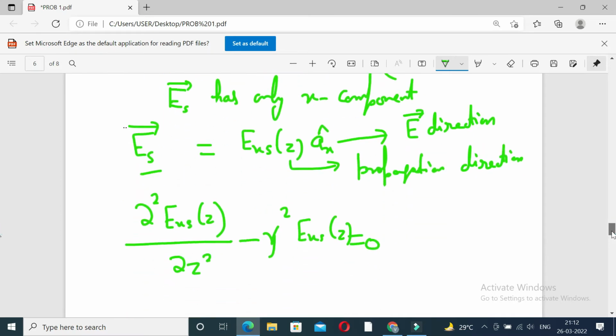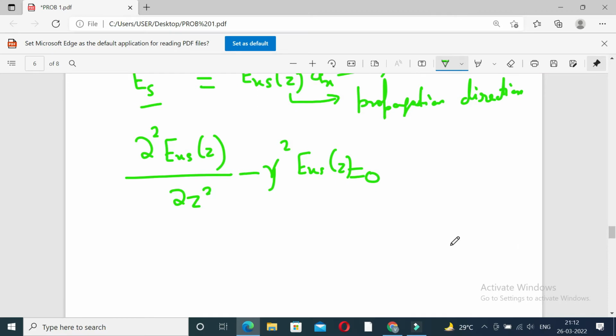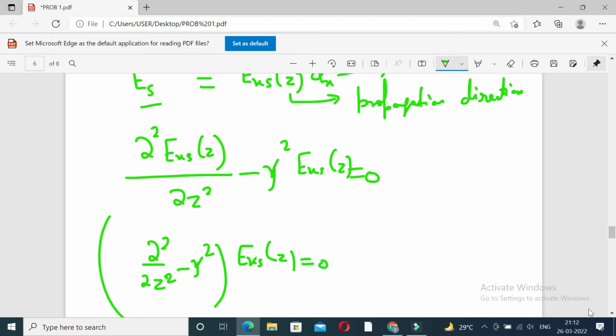So the del square upon del x square and del square upon del y square components are not written here. So del square upon del z square minus gamma square, bracket Exs z, is equal to 0.